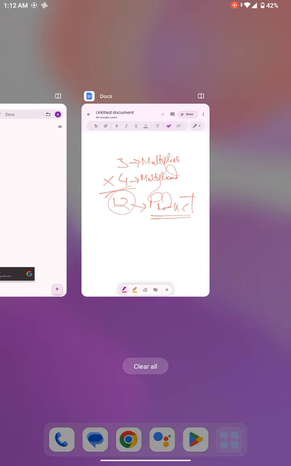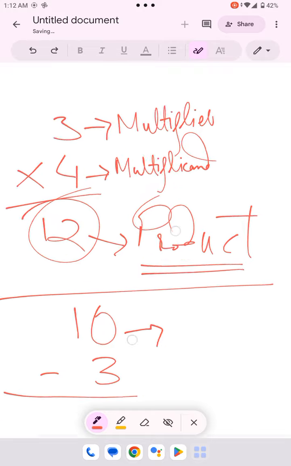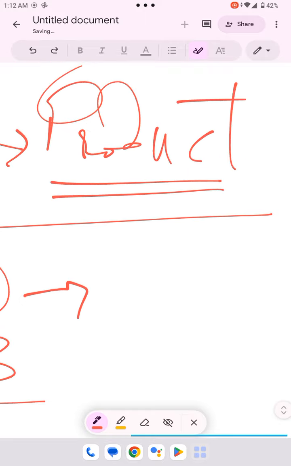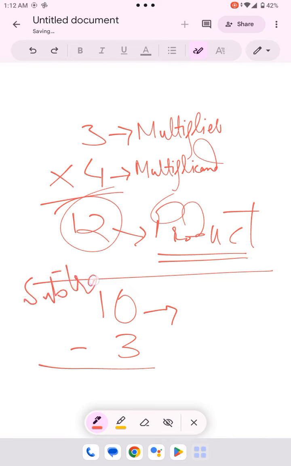All right. And in the same way, if you have 10, and you have 3, and you need to take away, so 10 is called what? Sometimes, for example, they say subtract, do the subtraction.